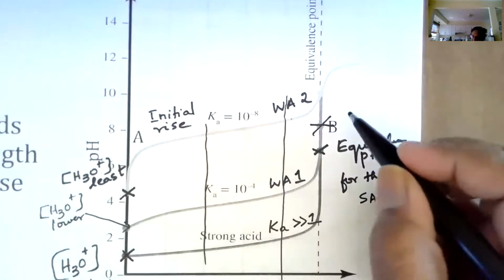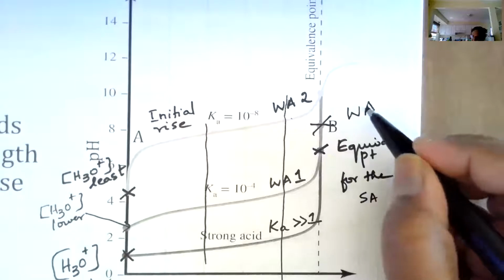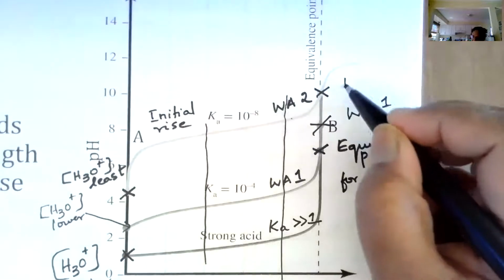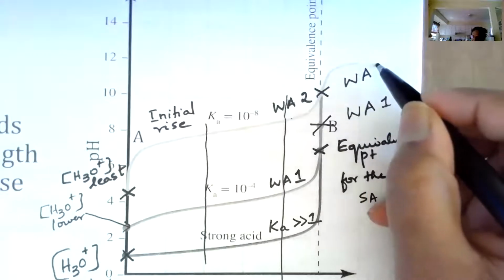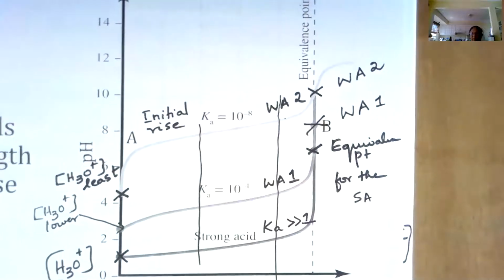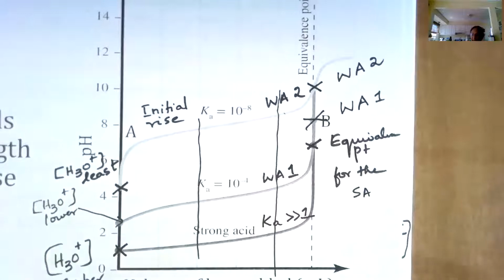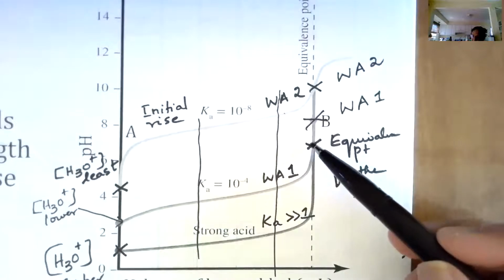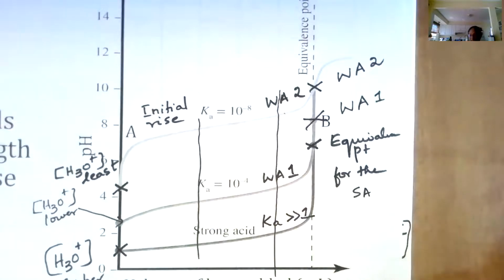This is the equivalence point for weak acid 1. And this is the equivalence point for weak acid 2. You see that? So as Ka decreases, the pH at the equivalence point is going to increase.